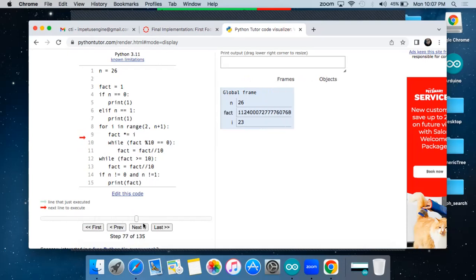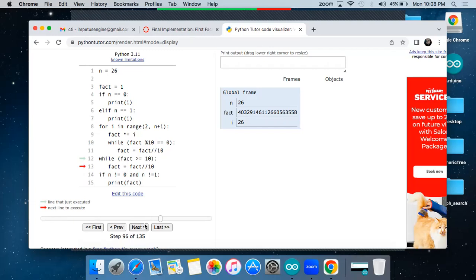And so once we get down to 26, we see that we go out of the for loop and we start subtracting out the ones digits of this factorial.